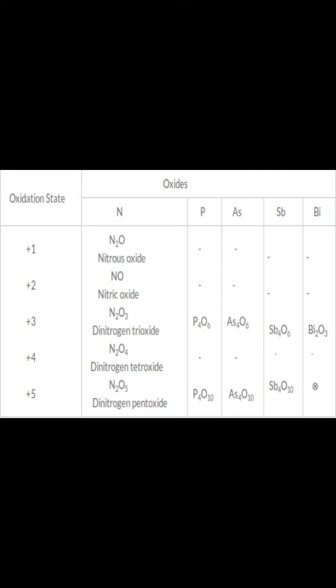So next one is the oxidation state. In the case of nitrogen, a large variety of oxidation states is available, from positive +5, +4, +3, +2, +1, and similarly 0 and -1, -2 and -3.